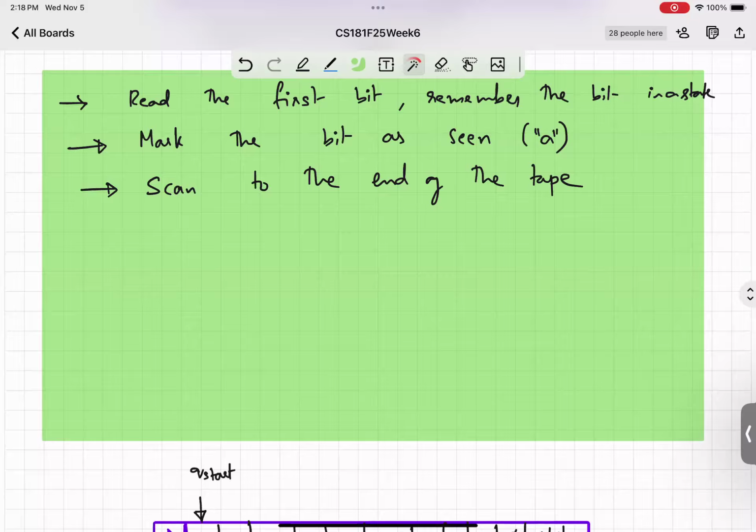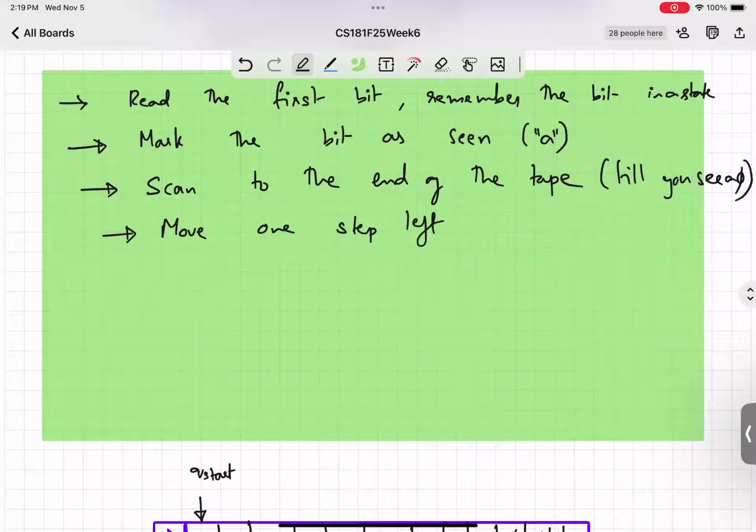Right. So once I see an empty cell, I know I've reached the end of the tape. I just have to backtrack one step. Scan to the end of the tape till you see an empty symbol. Move one step left.